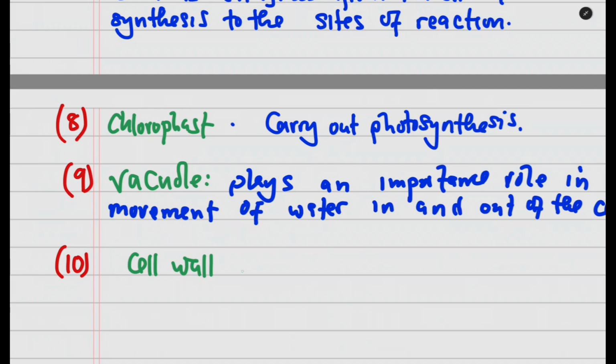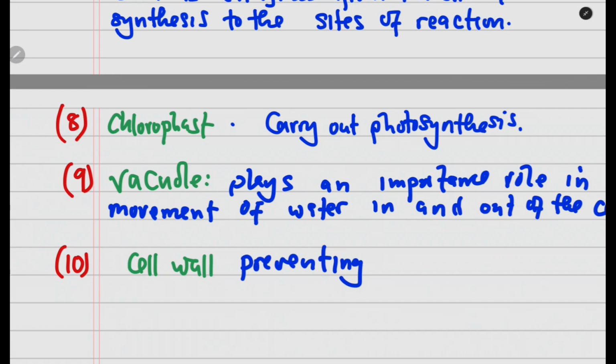Now, what is its function? In plant cells, it prevents damage to the cell, or prevents bursting when the plant cell gains a lot of water. So let me just write that.